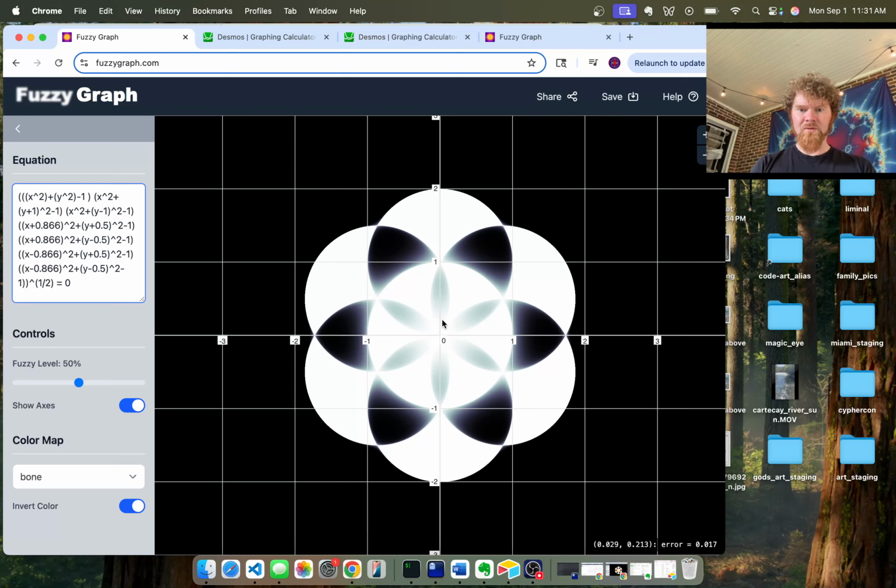You go directly above, and where the vertical line intersects with the circle, right here, that's the center of this circle. And we go down below to minus 1, there's another circle there. Okay, so then there's 7 circles total.